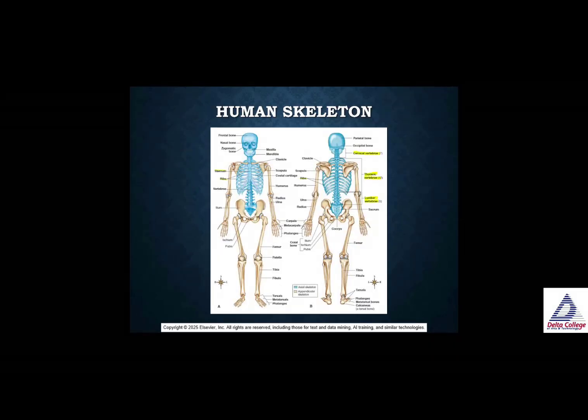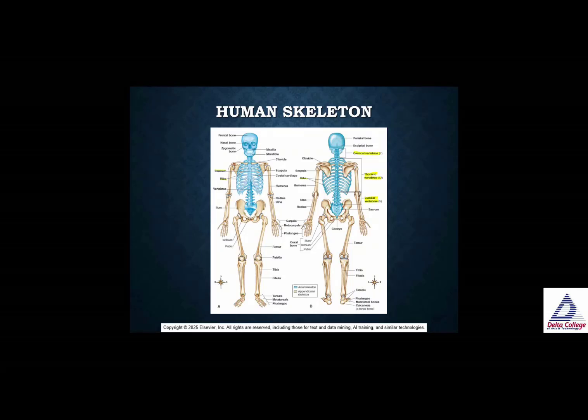And you can see here, I have some highlights on this that you'll notice, just to make sure you know which part of the skeleton these are located in. For instance, the sternum, ribs, maxilla, mandible, zygomatic, nasal bone, frontal bone, parietal bone, occipital bone, those, sacrum, coccyx, vertebrae, all of that makes up our axial skeleton.